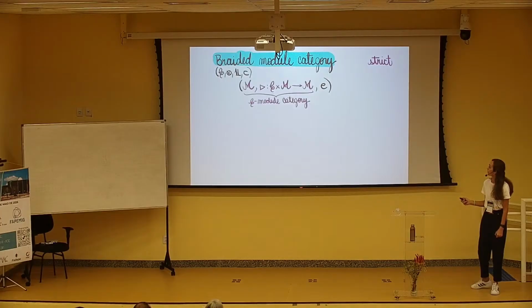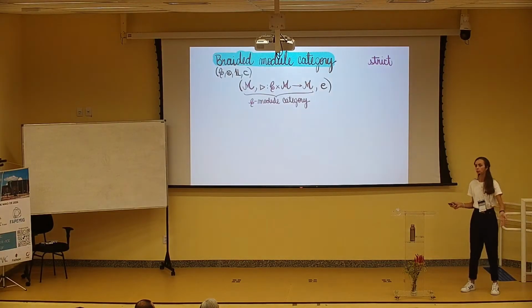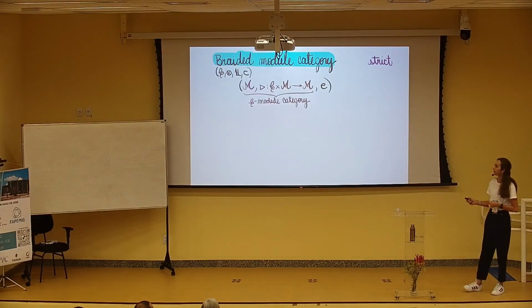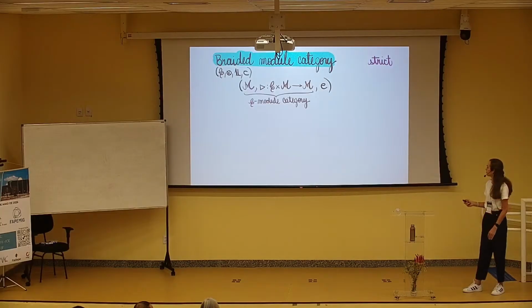Okay, so I had monoidal category and braided monoidal category. Now I want to define braided module category. So take your module category, and I think it's strict because I don't want to work with the associators. It's too much to deal with, and I want to do draws as well.